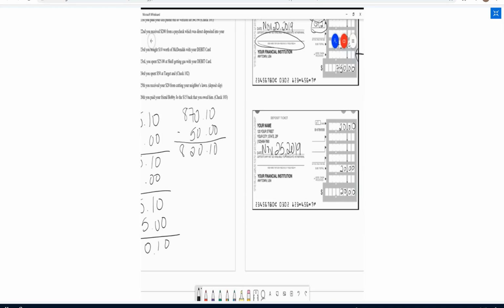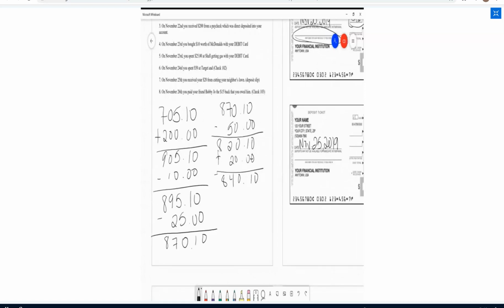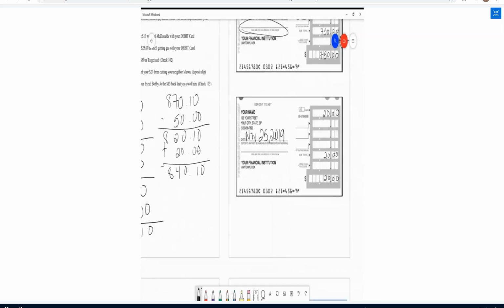All right, let's add that into our running tally over here. So 840.10. All right, and last thing we're going to do, we are paying our friend Bobby Joe the $15 that we owed him. Okay, so we're going to go over to our checks.